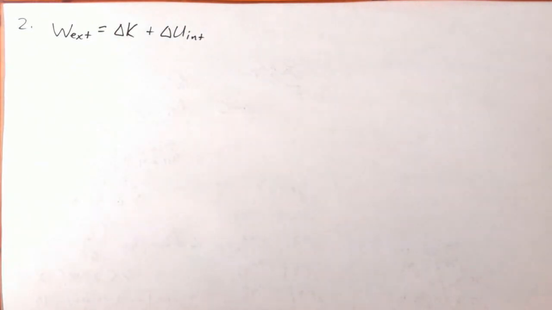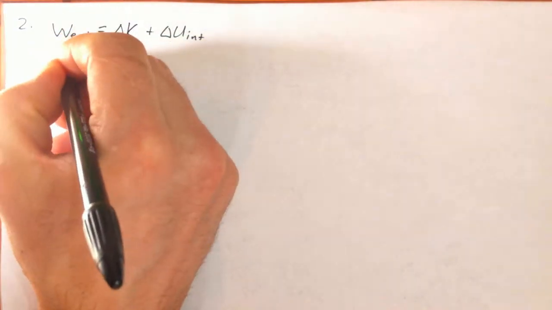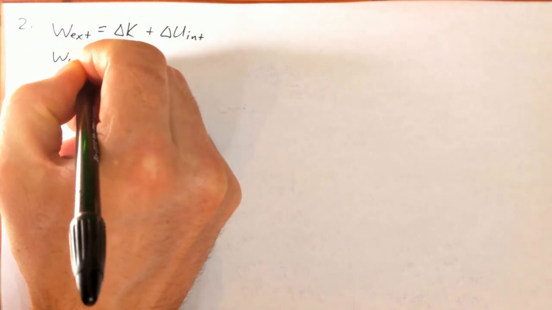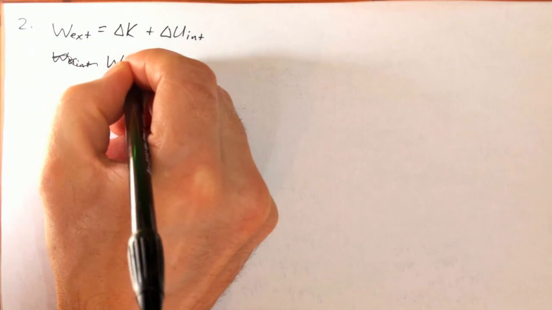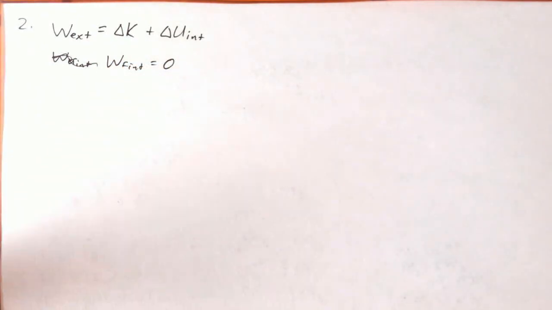All right. So how much work is done by the internal forces? The answer is 0 because they're inside. So W internal, or W of F internal, equals 0. This is more about cataloging the effects of your forces correctly.